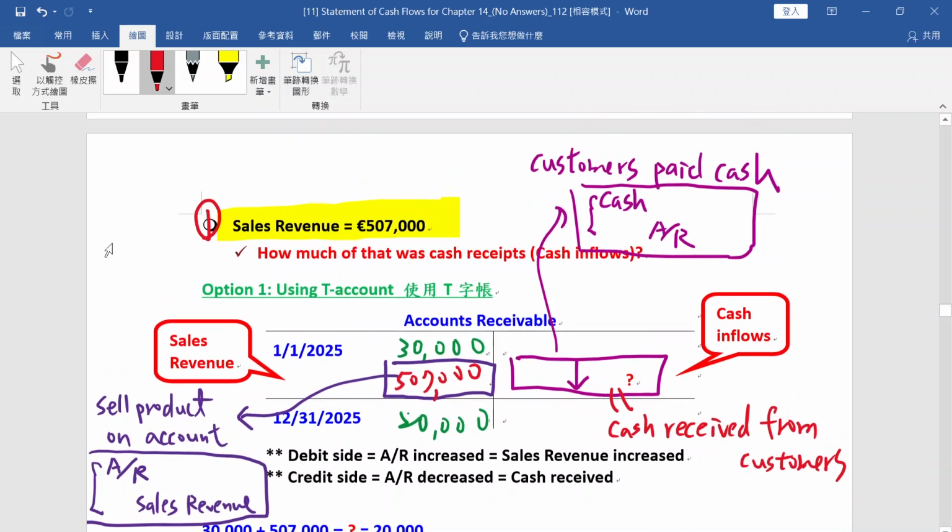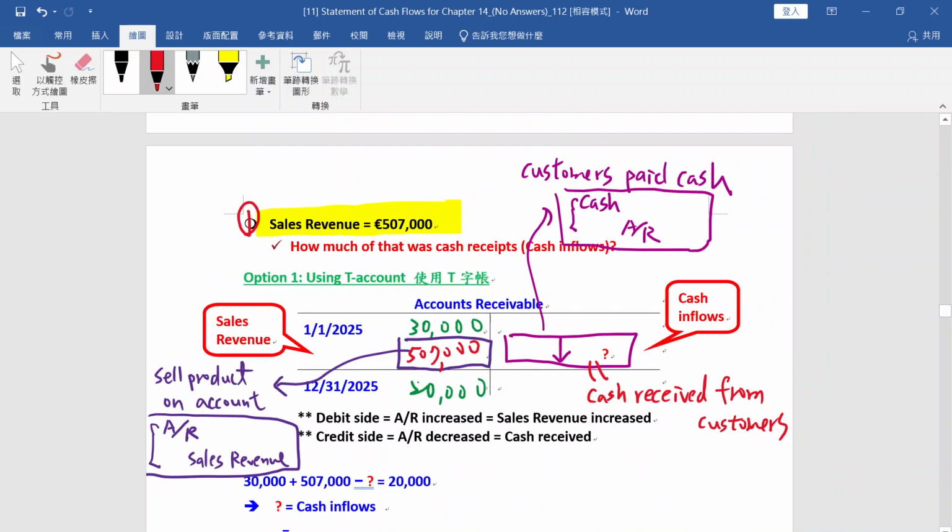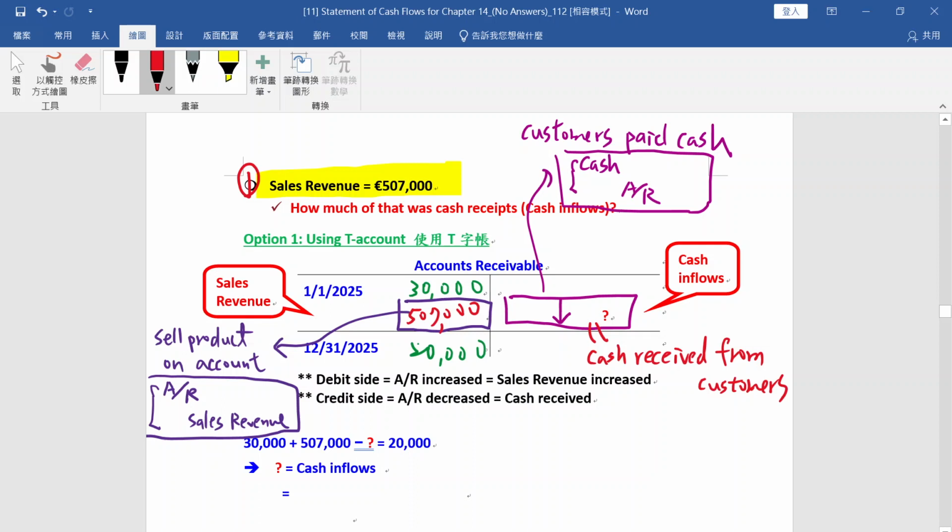So based on this, how to get the number? $30,000 plus $507,000 minus question mark. You got ending balance. So based on this, could you get the question mark by yourself? So how much money you got from customers?